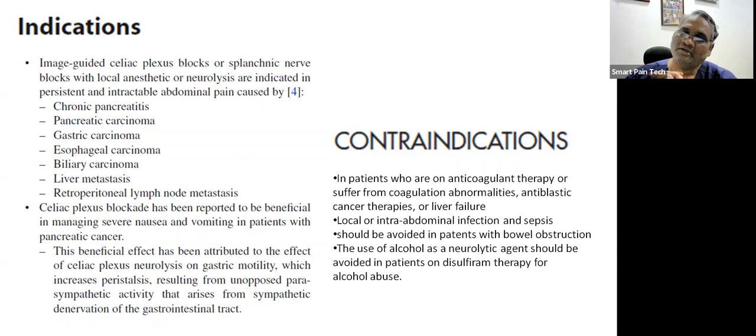Never do that. If the patient has an infection or sepsis, go for pharmacological management. I will come to the recent systematic review about the blocks, what they say when they compare interventional therapy versus systemic analgesic therapy. We call it SAT versus interventional therapy. So it is very, very important to understand this.